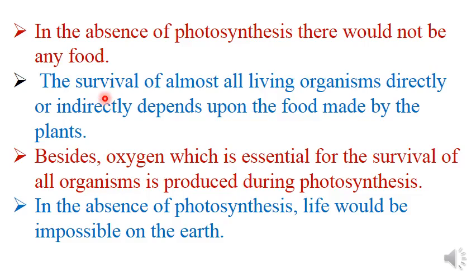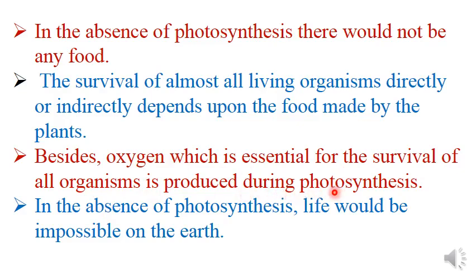So, all living organisms, directly or indirectly, depend upon the plants for our food. If plants don't prepare the food by the process of photosynthesis, we won't get food. Besides that, oxygen, which is essential for the survival of all living organisms, is produced during photosynthesis, right?